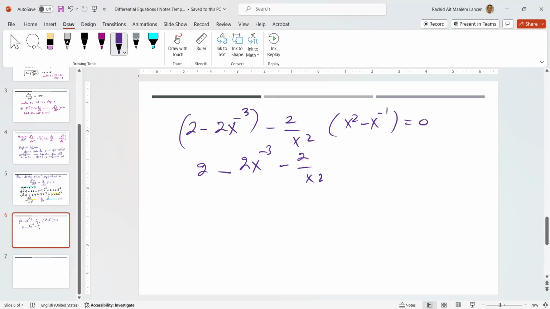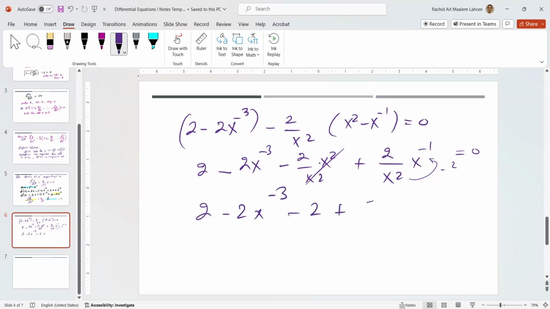When you distribute, these cancel, the negative times negative is positive. Then these two x's cancel and it becomes -2. So we get 2 minus 2x to the -3 minus 2 plus 2 times x to the -3, which is 0 because these all cancel.